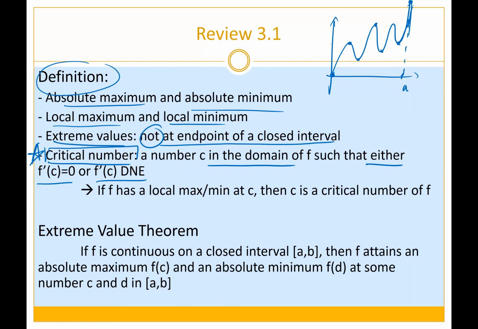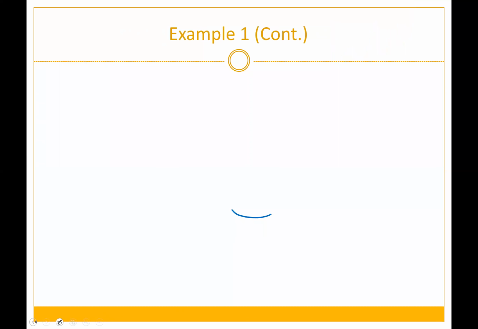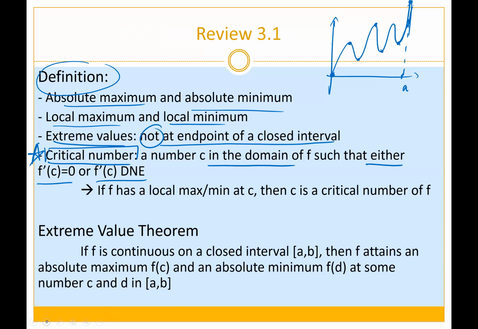However, the converse is not correct. When C is a critical number, it can be a maximum or minimum or nothing at all. And the reason is that you're going to see in a few minutes.